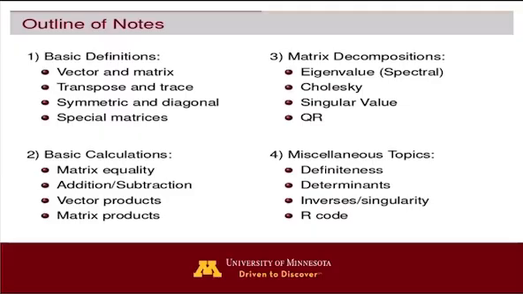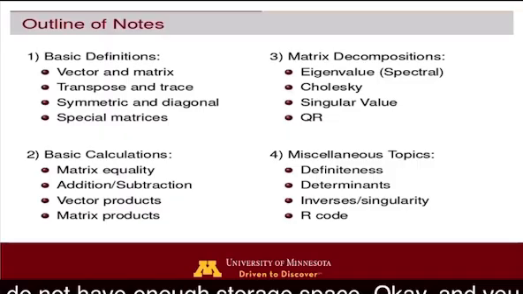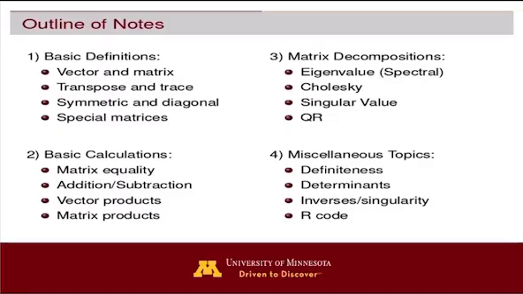Why are you trying to compress an image? Because you do not have enough storage space, and you want to reduce it. That's what we call image compression, and the idea of matrix decomposition is going to be used.